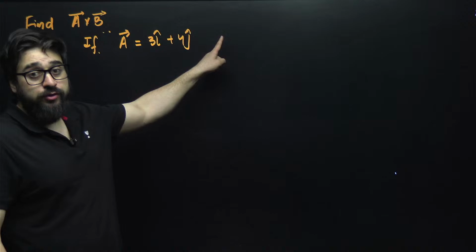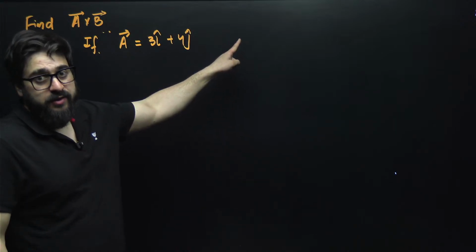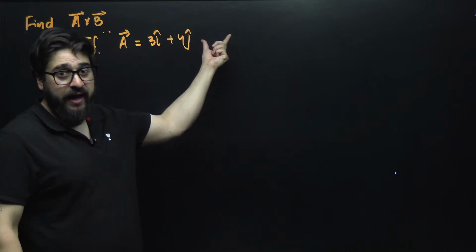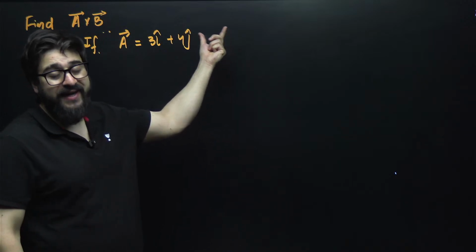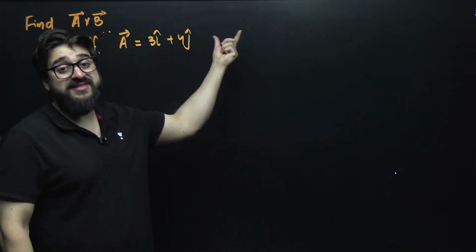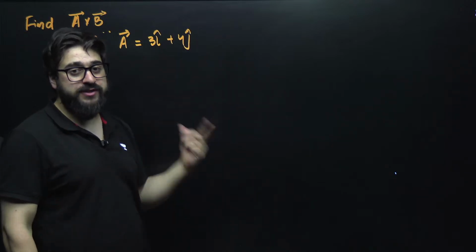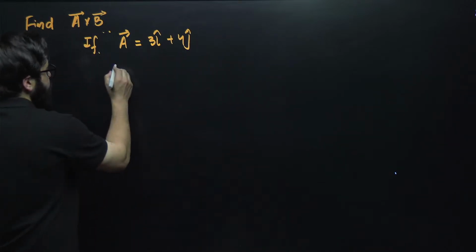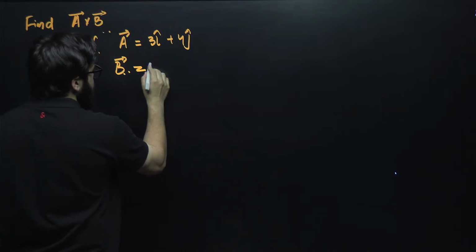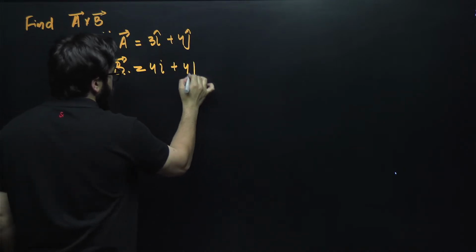Here, no k cap is present. So if no k cap is present, in that case, you have to take 0 k cap. And B vector is 4i cap plus 4j cap.